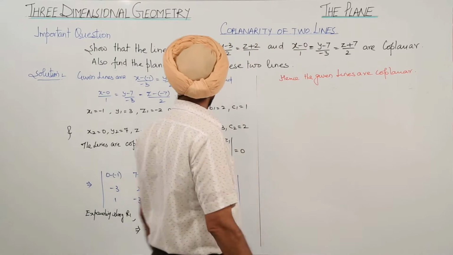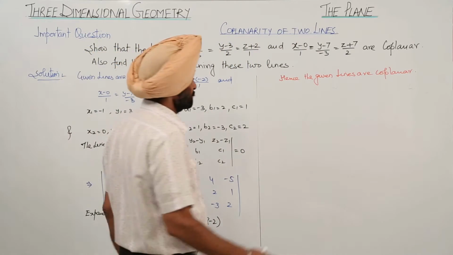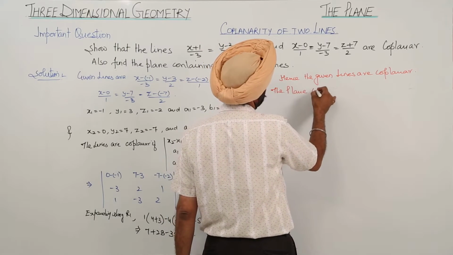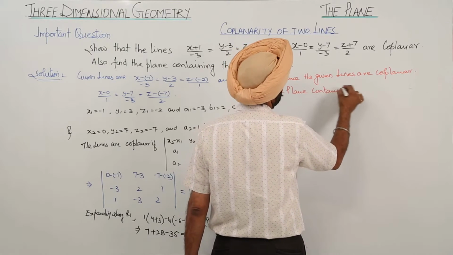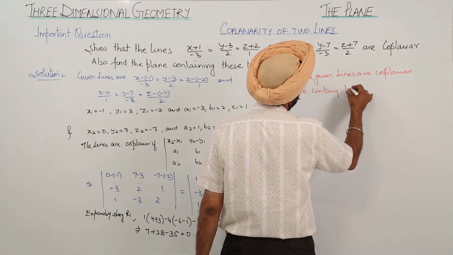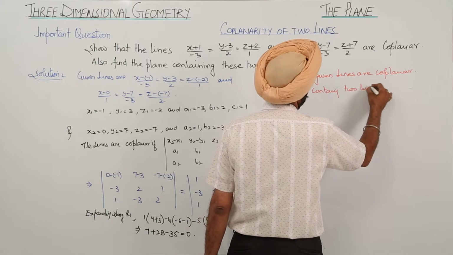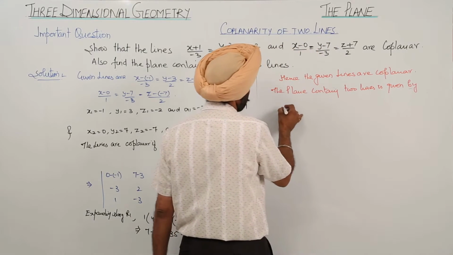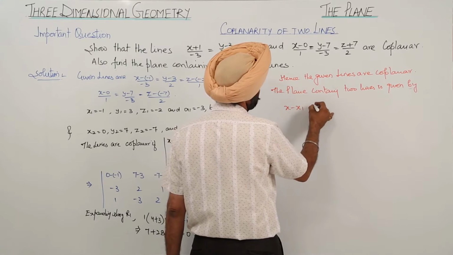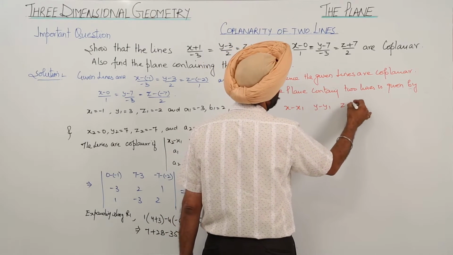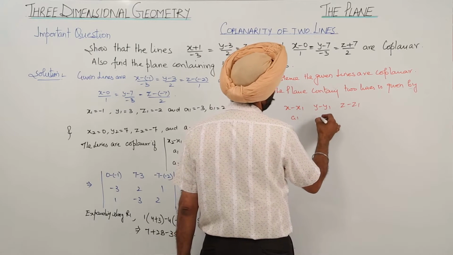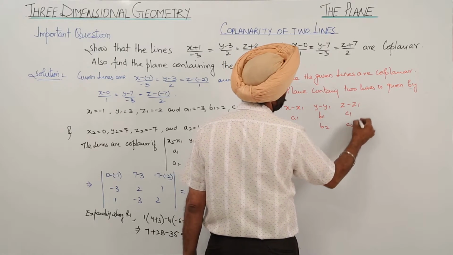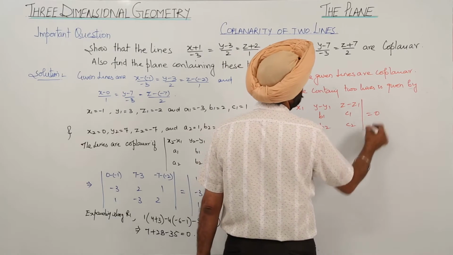Now we have to also find the plane containing these two lines. Now the plane containing two lines is given by the determinant with rows x minus x1, y minus y1, z minus z1; a1 b1 c1; and a2 b2 c2 is equal to 0.